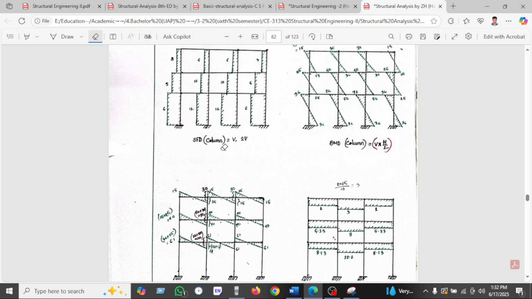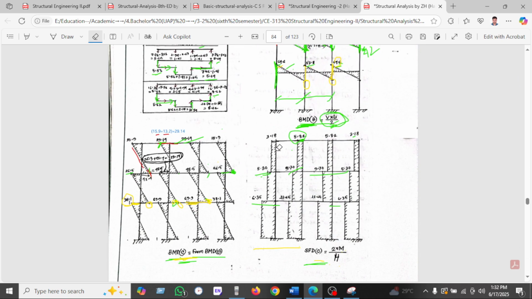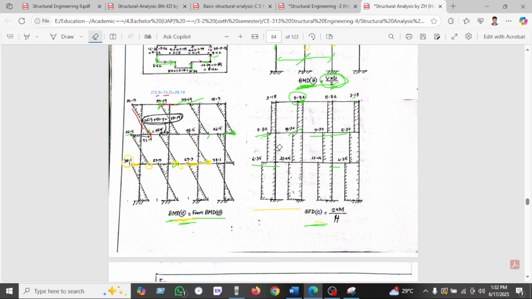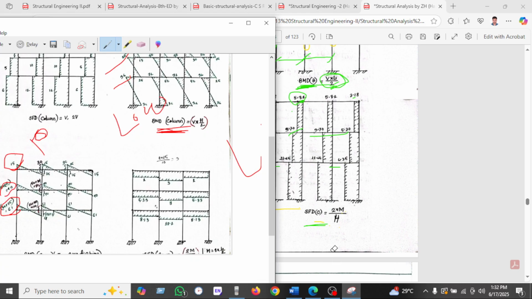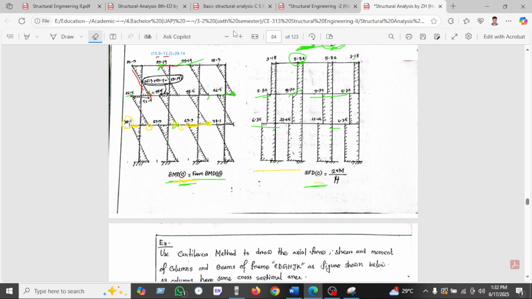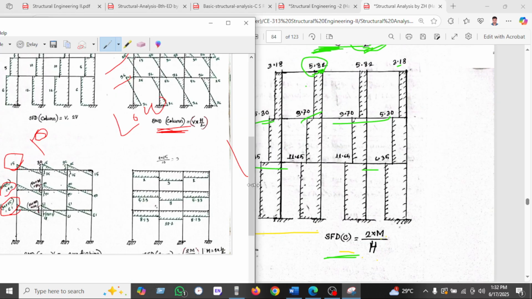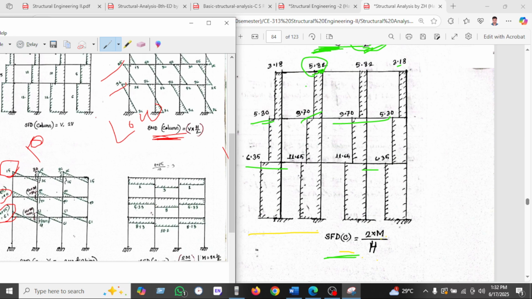The shear of the column is 3, 5, 6, and it will be 3.8, 5.8, and 6.3. So you can see that this value is also greater. The cantilever value is also greater, as we have been seeing here.